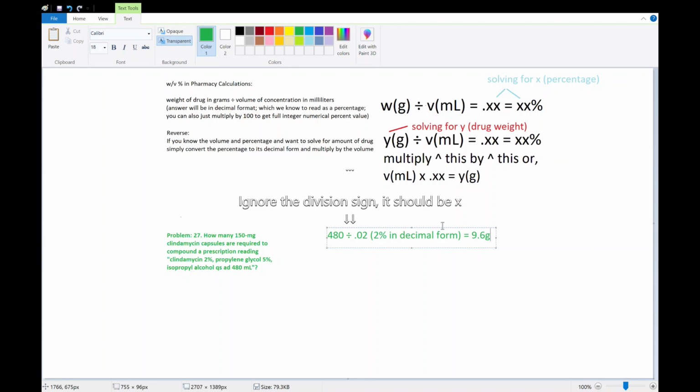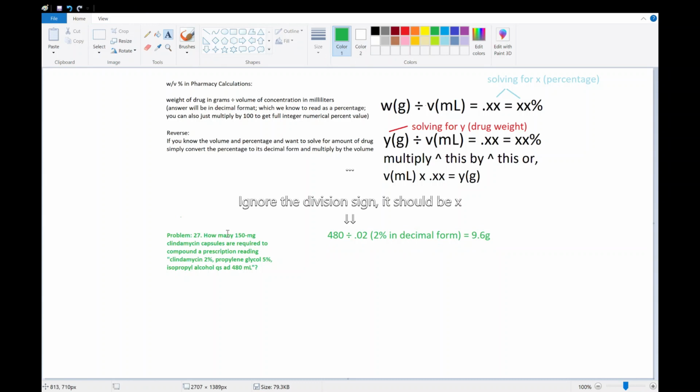Now, is the problem asking us for grams? It's asking us for milligrams. Specifically, it's asking for a quantity of capsules that are each 150 milligrams. So we still have a couple of steps left. We need to know that there are 1,000 milligrams in a gram.